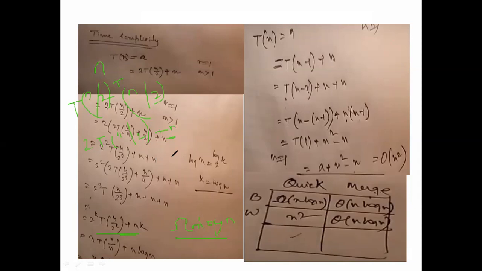Then by the recursive relation, after n we get the next value as n by 2, then n by 4, then n by 8, then n by 16. In this manner, we get this value.